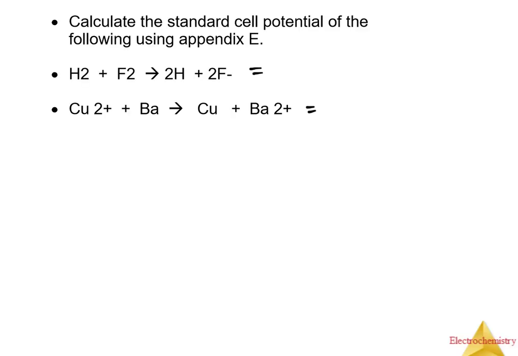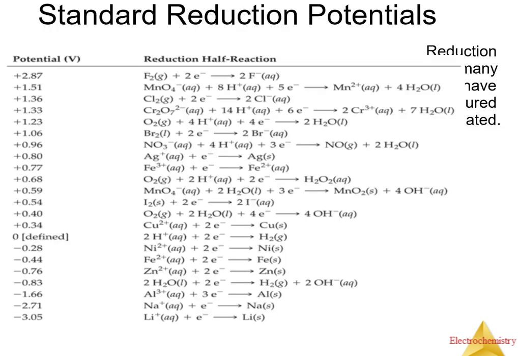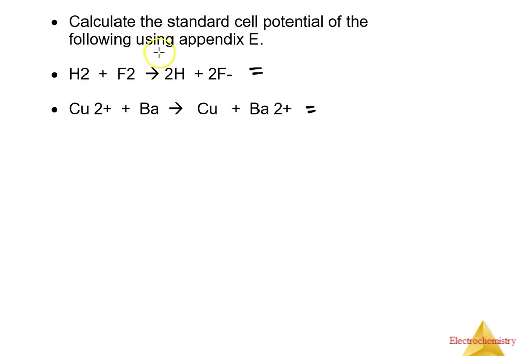All right, so try these real fast. I will go back. So write them. Here we go. H is 0. What's F? All right. So here we have the E of the cell is equal to the cathode minus the anode, right?